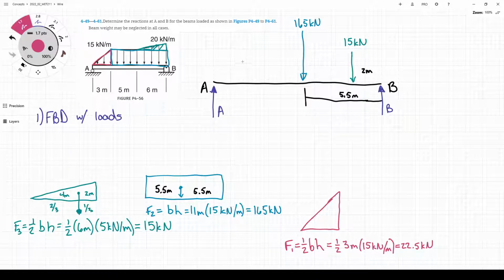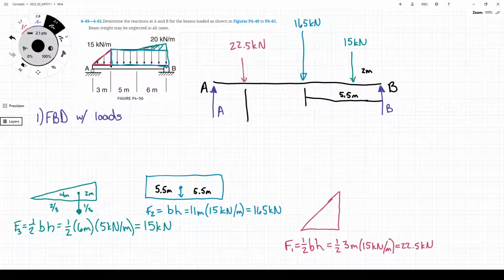So we'll have a load of 22.5 kilonewtons. And that is going to be 2/3 of the way from point A, or 1/3, or 1 meter from this point here. So that's 12 meters from point B.